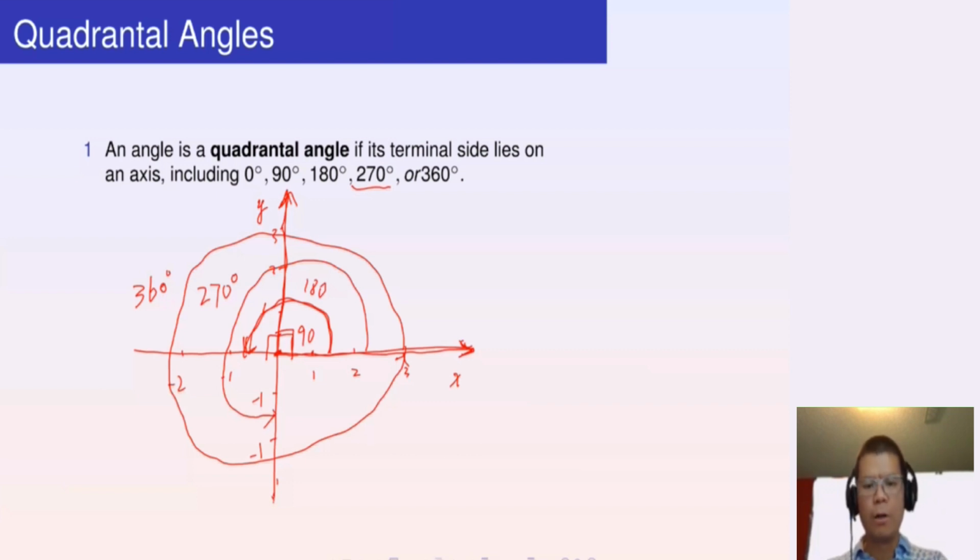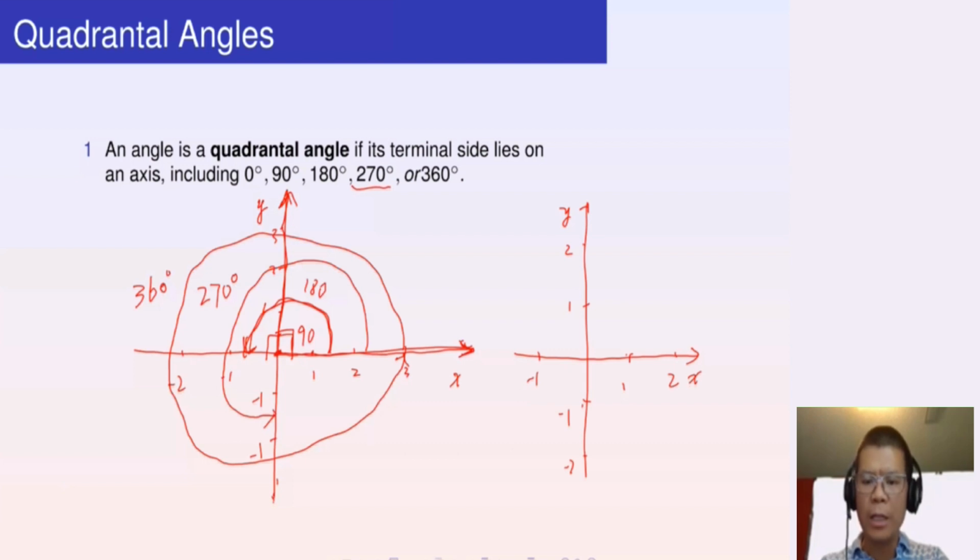Now, for any angle in between, let me just draw another one. Here's x, here's y. So this is 1, 2, -1, -2. Now, as we know, this is 90 degree. Then what about any angle in between?